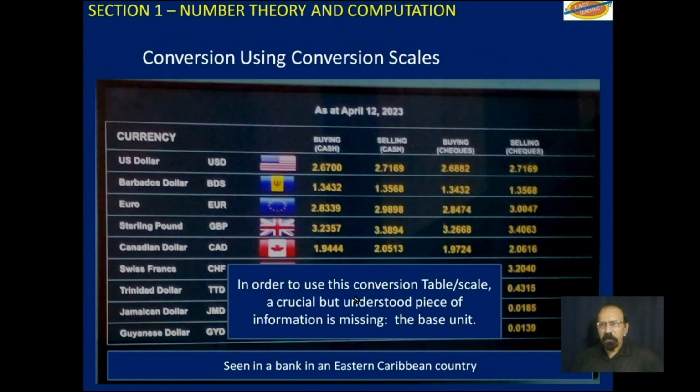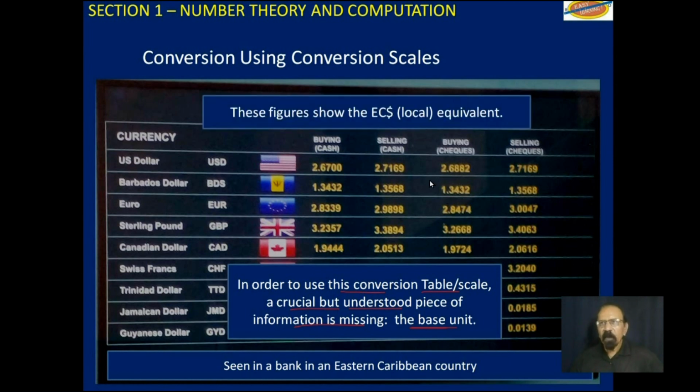Now, in order to use this conversion table or scale, a crucial but understood piece of information is missing. In other words, these numbers that you see here, what are they compared to? And in this case, it is the EC, or the local equivalent.